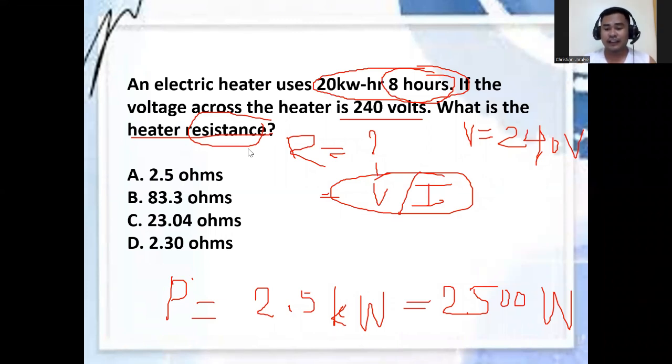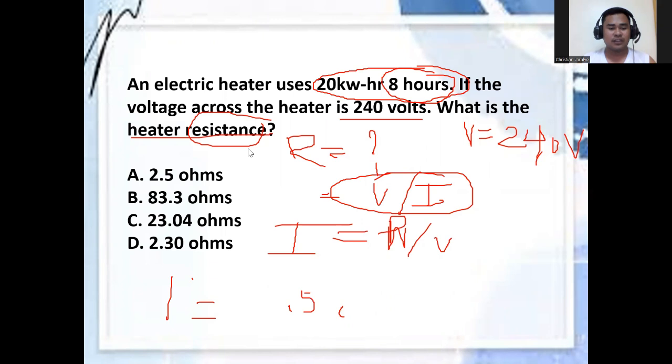Now, do we have current already? Wala pang current, di ba? Solve for current first. Di ba one of the formula of current is watts divided by the voltage or power divided by the voltage. Tama? Medyo mahaba-haba ang solution dito, ha?